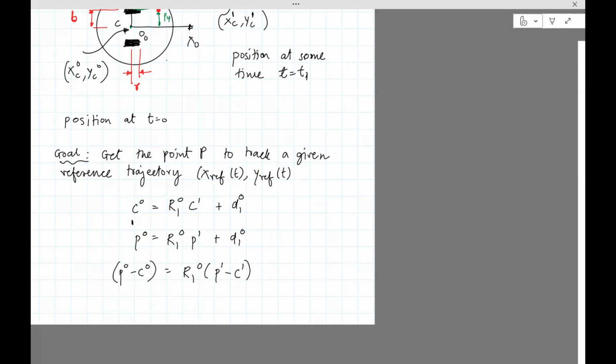Okay, so let's just expand this out. P has an x and y position, and R is basically cosine, sine, that formula.